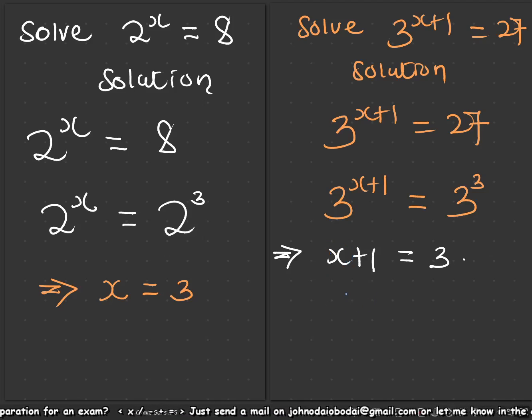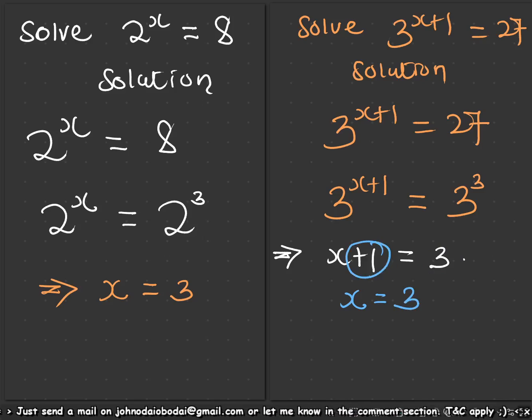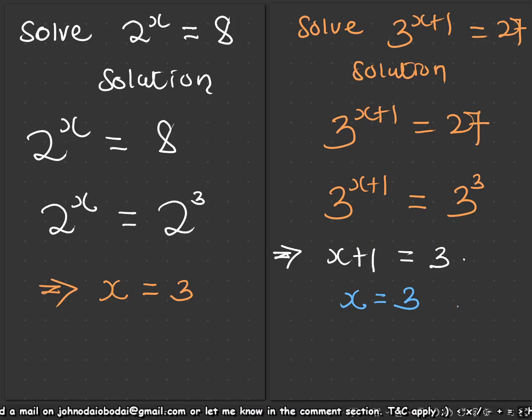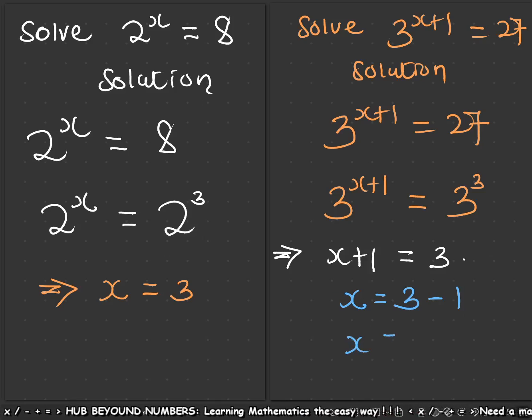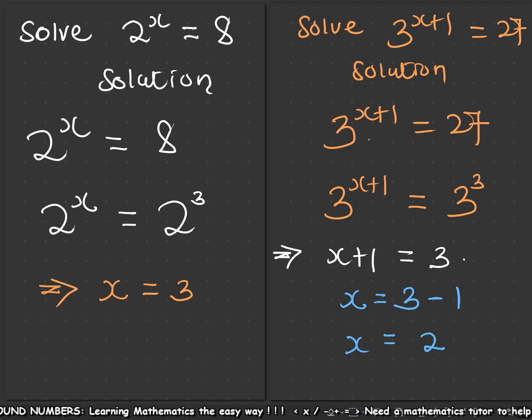So x is equal to 3, then your positive 1 moves to the other side to become a negative 1. If you want lessons on equations, you can look at the playlist on equations and you will be able to solve all of these linear equations. So x equals 3 minus 1, and solving, we have x equal to 2. And that satisfies what you have here.